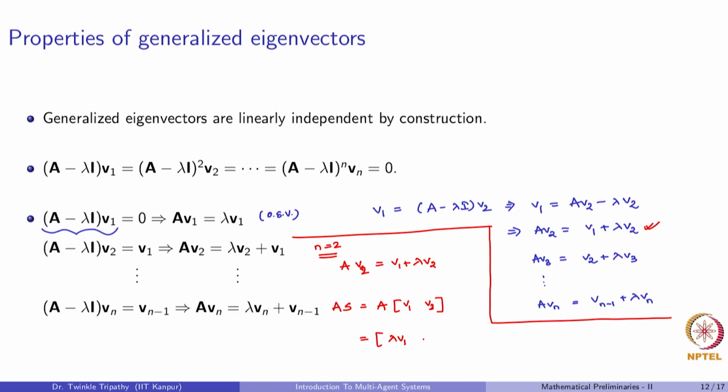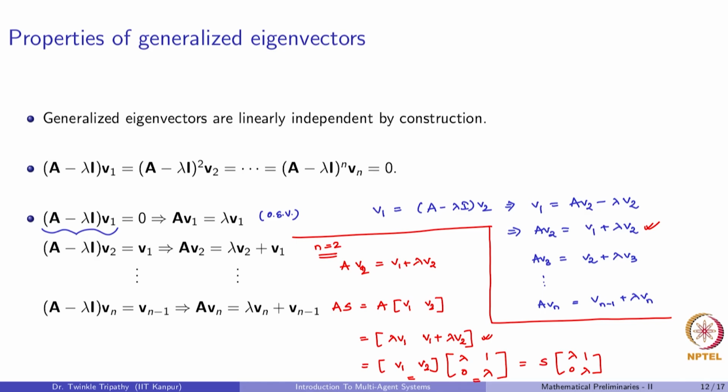If you observe here, AV2 is simply equal to, you see, so through some simple calculations, we can represent this matrix as a product of these two matrices here. Sorry, this is S.